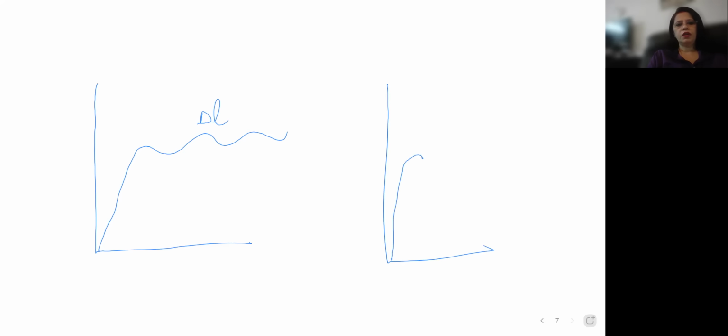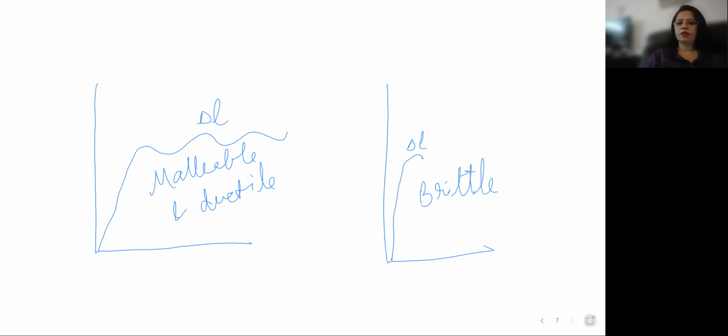So the material where delta L is very long is called malleable and ductile. And in this where delta L is very short, this is brittle. This side is strain. And this one is your stress.